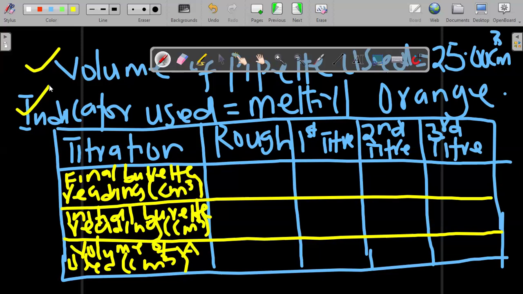Remember, I told you that the capacity of the burette is 50 cm cube. So I can start the final as 50.00. Now I've told you what the endpoint is. The endpoint is what? 12.2. Yes. So your target is to increase the rough to be more than what you are looking for.